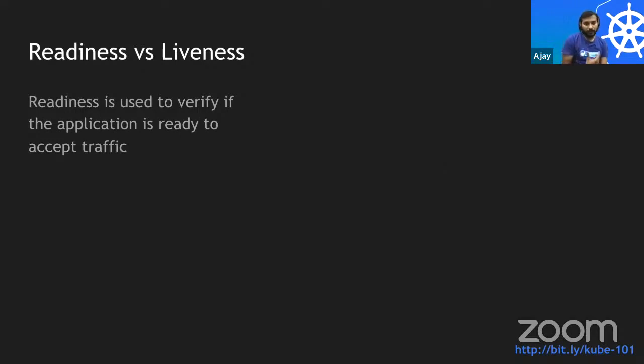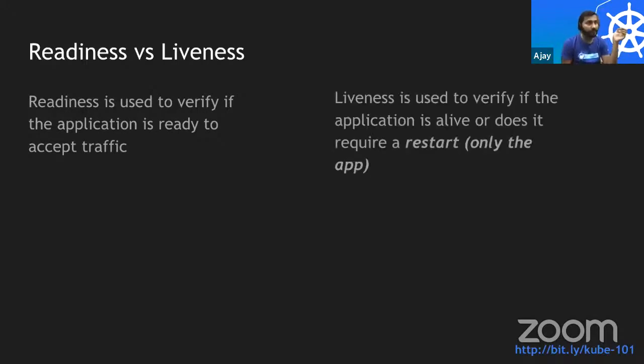Generally when we deploy an application, it takes a few seconds to come up, and some applications take minutes, right? So readiness should be available only when the application is ready to accept traffic. If my application takes 5 minutes to come up, my readiness health check should wait for 5 minutes until it comes up, right? That's what readiness is.